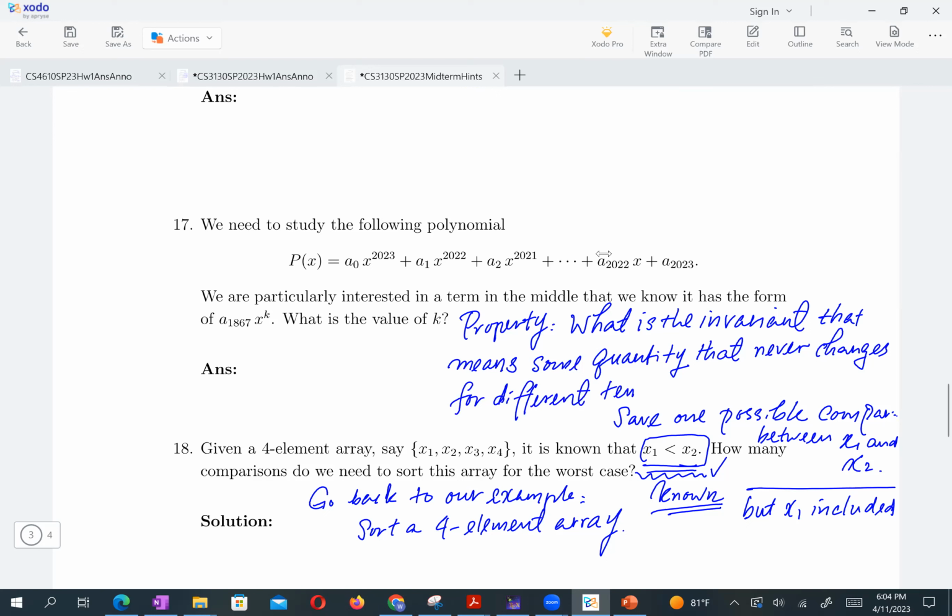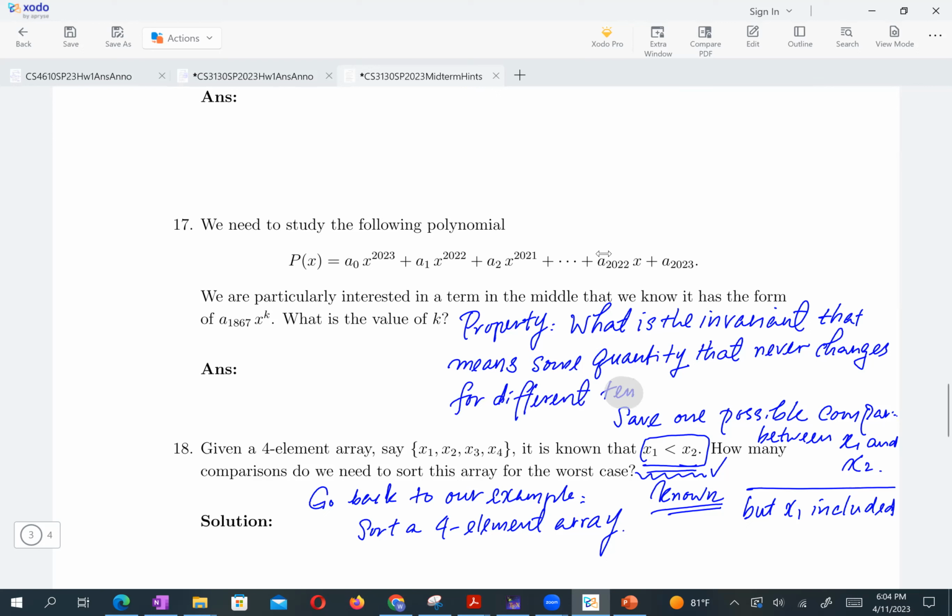Can you find that property? Look at the first term, then the second term, third, and so on.